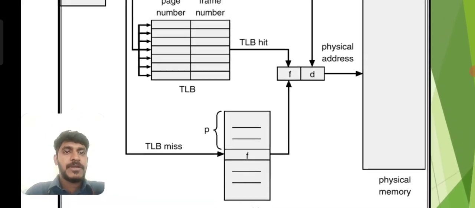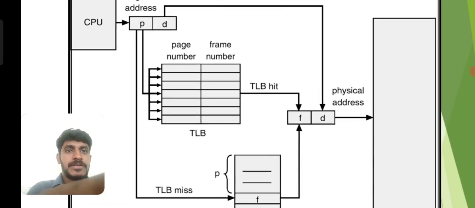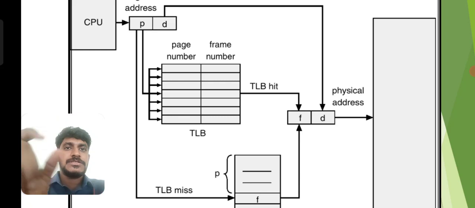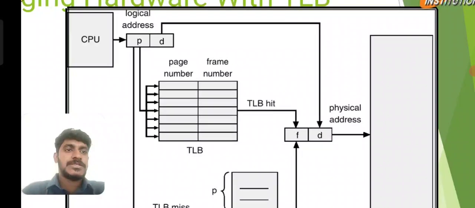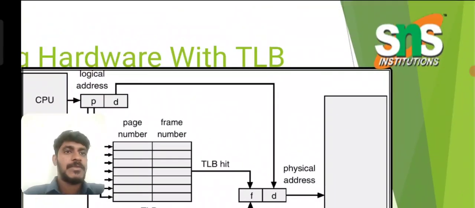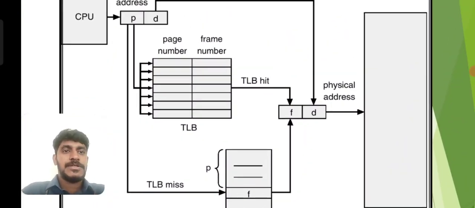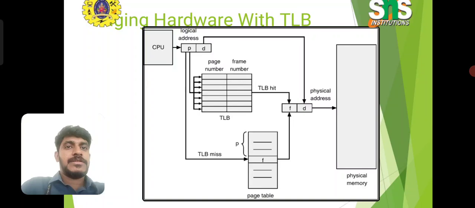The page table is connected to the TLB miss and the page frame number. The CPU is connected with the address p and d. P is the page number and f is the frame number. So it will be connected with f and d. The physical address is then connected to the physical memory. So this is what we have in this process.